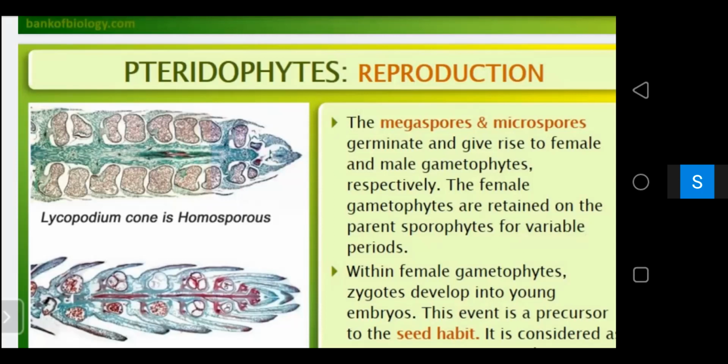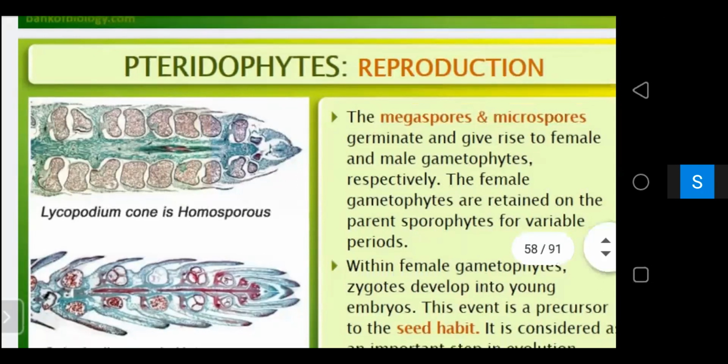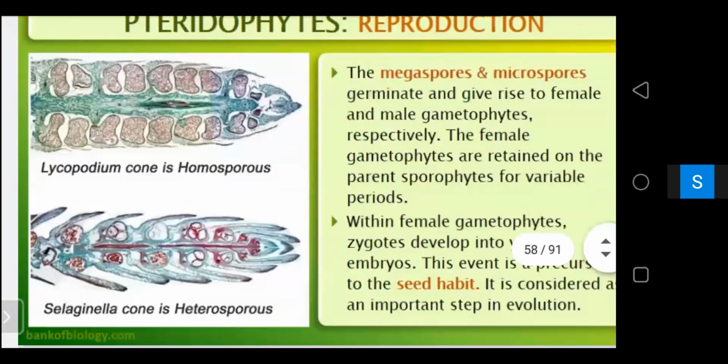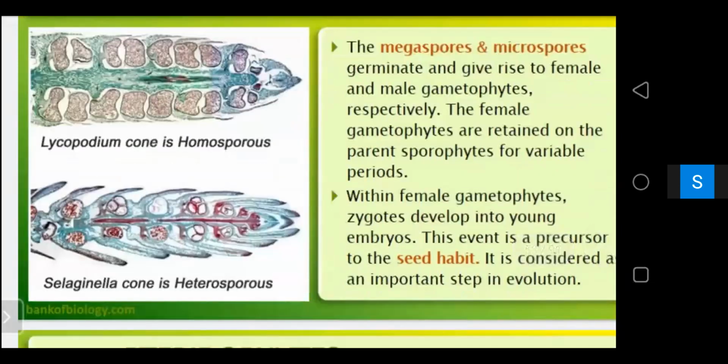The antherozoids are released, but the female gametophyte is not released, because the male gamete goes to the female gamete through water. The development of the zygote into the young embryo takes place within the female gametophyte, just like in our case, where the embryo forms within the mother's womb. This event is a precursor to the seed habit, and this is considered an important step in evolution.